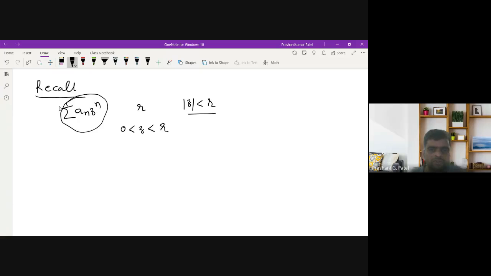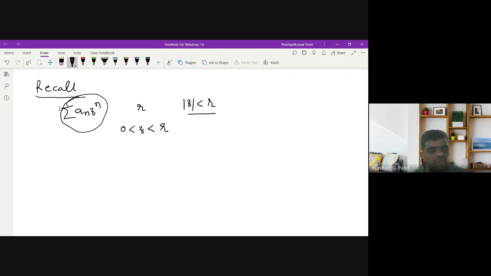Since it is uniformly convergent, we can say that term by term differentiation of the power series is possible, and term by term integration is also possible. That we have proved in the previous lecture.